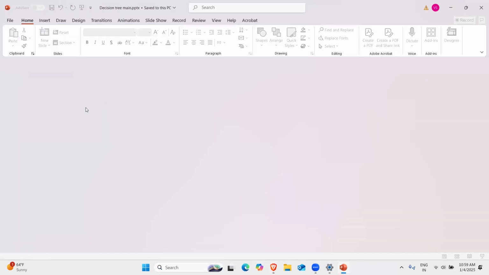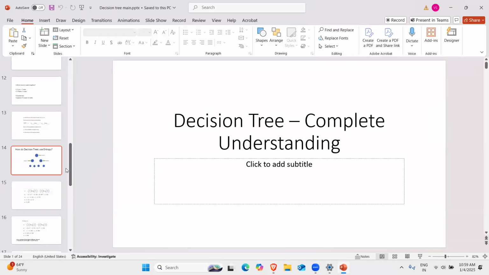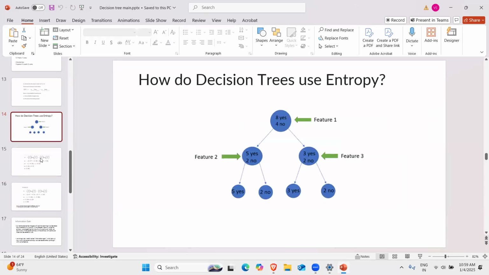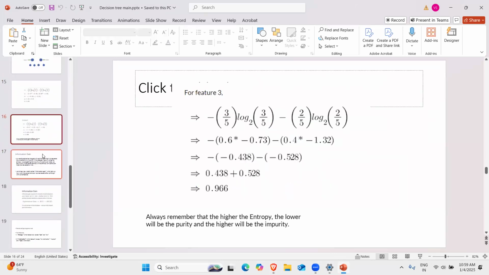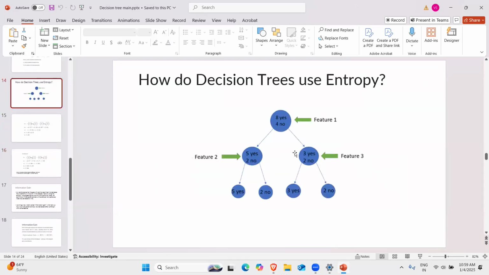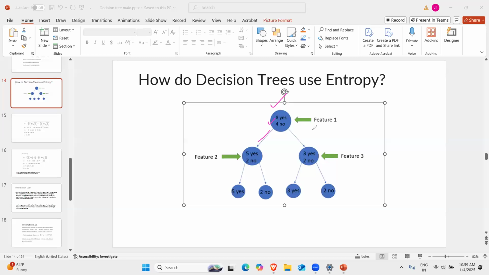Here we have the concept of entropy. Suppose I have this decision tree where the main node is 8, 4. I've split this based on feature 2: 5 yes, 2 no. Based on the other split: 3 yes, 2 no. And I'm calculating the entropy, for which we have seen the formula.